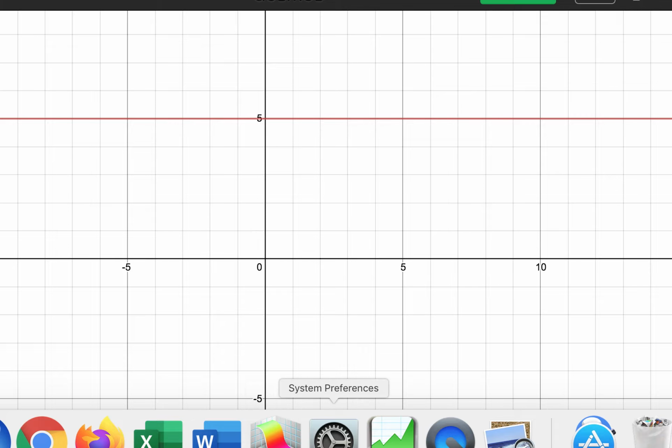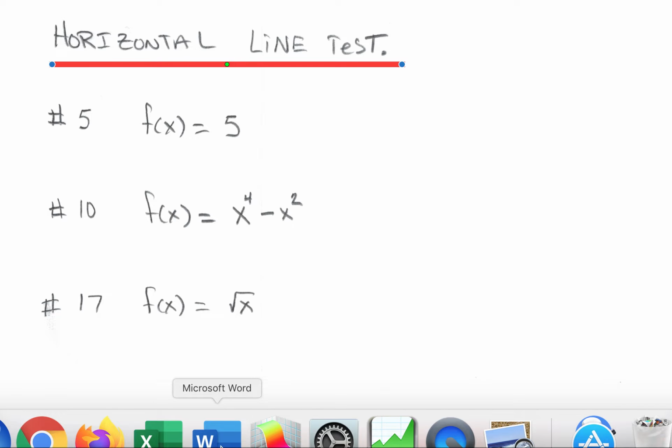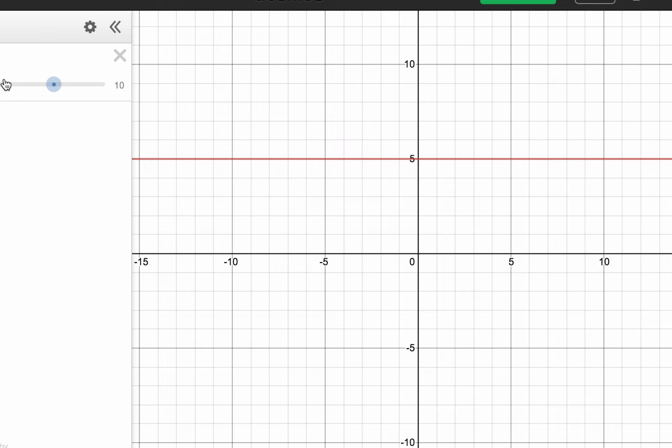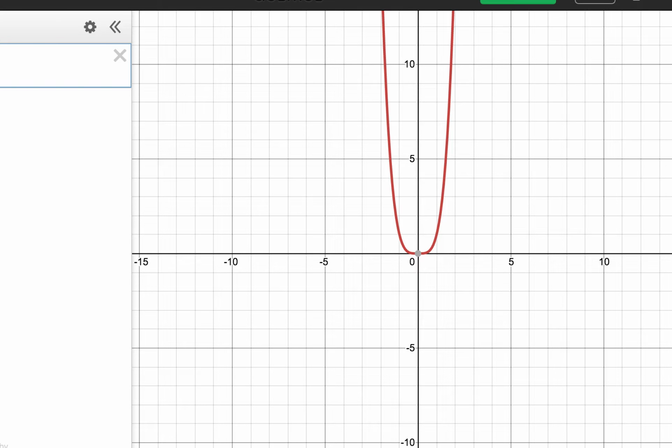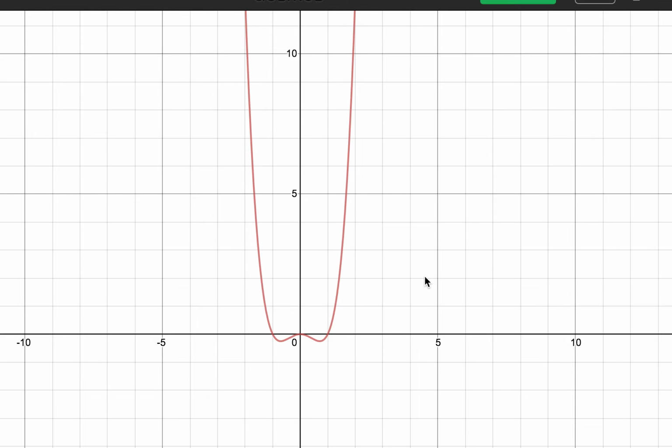Okay, well let's look at another example. This one failed. What about f of x equals x to the 4th minus x squared? So if I pull up my graph, I get x to the 4th minus x squared. And when I look at that, it also fails the horizontal line test.